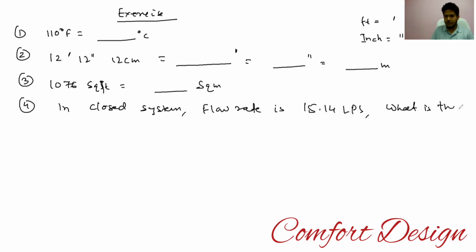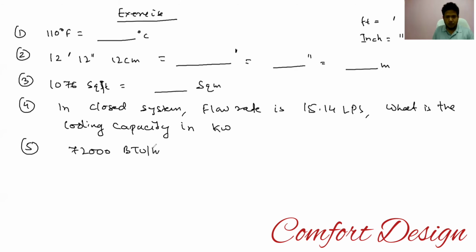What is the cooling capacity in kilowatt? Fifth number, 72,000 BTU per hour. This is equal to how much CMH?